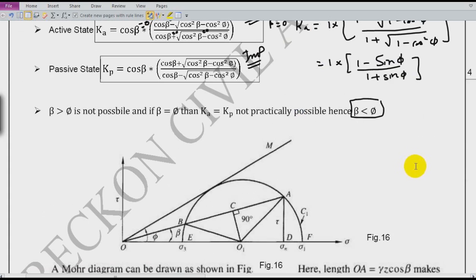The important part here, friends, is that the pole in our Mohr circle will change. In the previous video also I have discussed a little that for active state my pole is here, and for passive state my pole is here.